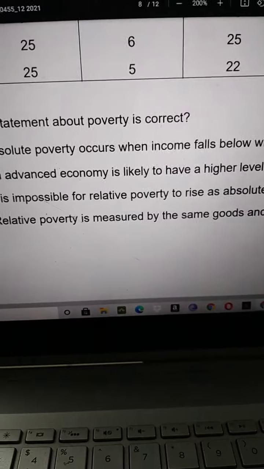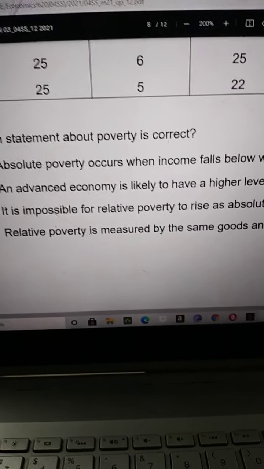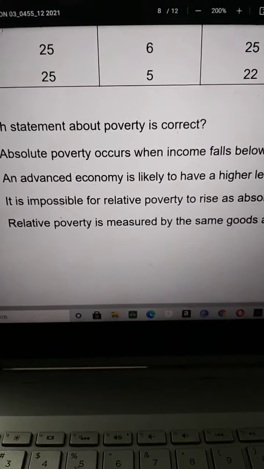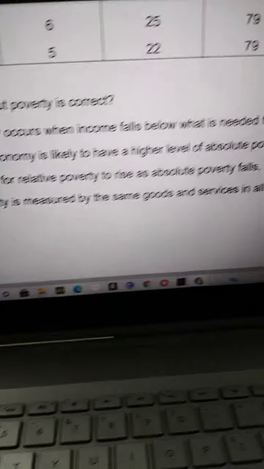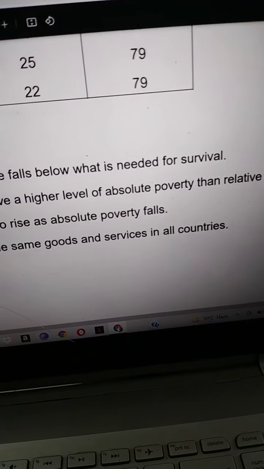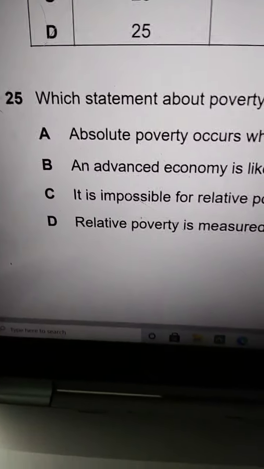For example, if you are earning less than $2 a day, US dollars, then you will be in absolute poverty. And of course, you are not fulfilling the basic requirements of life. You cannot survive. You are in absolute poverty. 25, A.